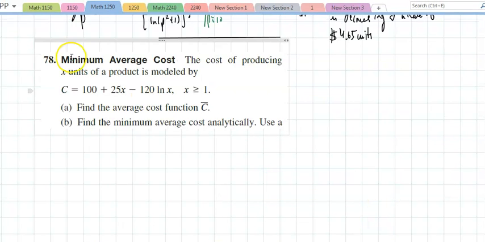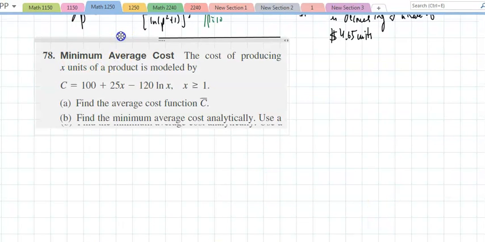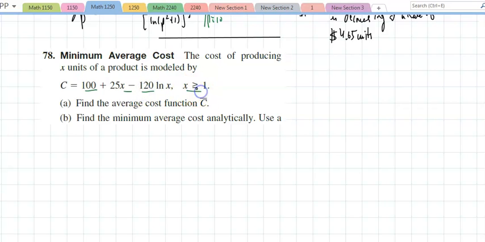Number 78 is next. So here they give us the cost function. The cost is given by this equation with the cost of producing X units. A, find the average. Well, that's simple.